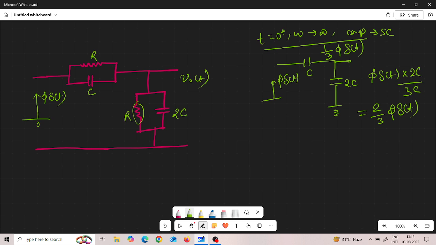For this reason, current starts flowing through the resistor. What will be the value of the current here? The value of the current here is 2/(3R) Φδ(t), and here the current will be 1/(3R) Φδ(t). We also have to find the current flowing through the capacitor, and only then can we tell the output voltage.